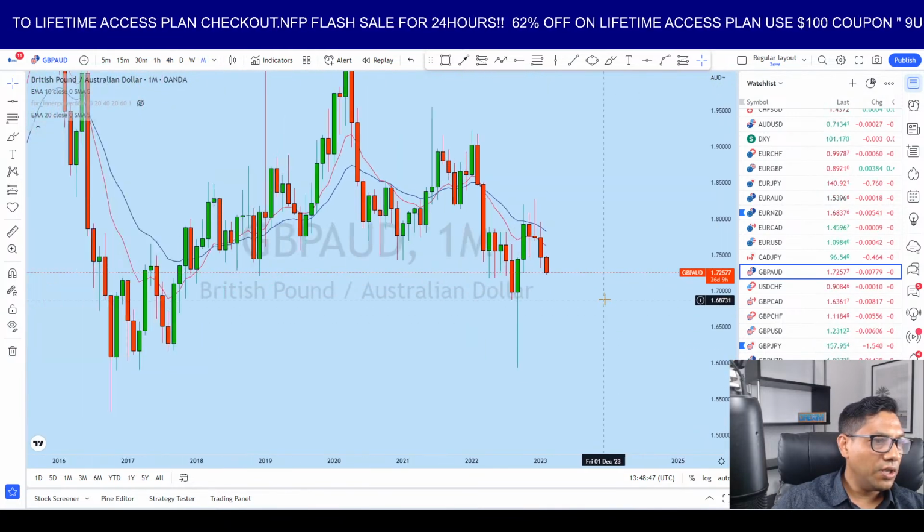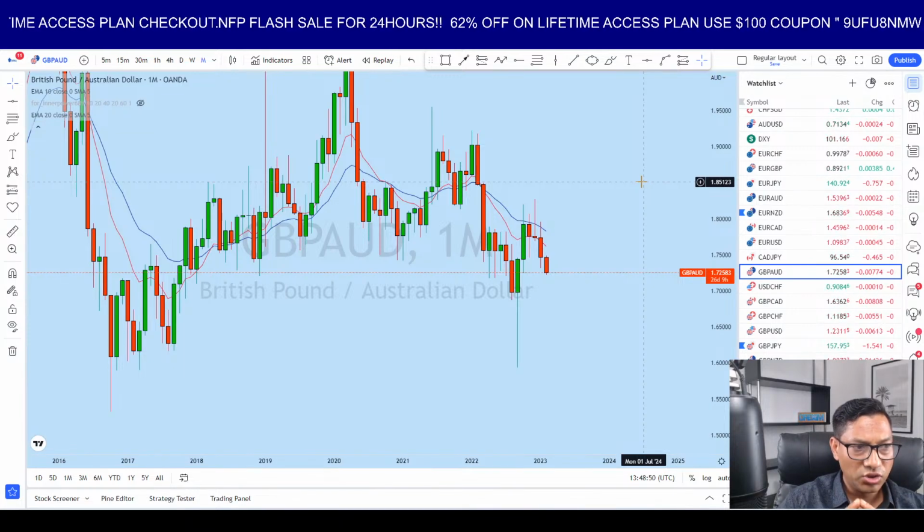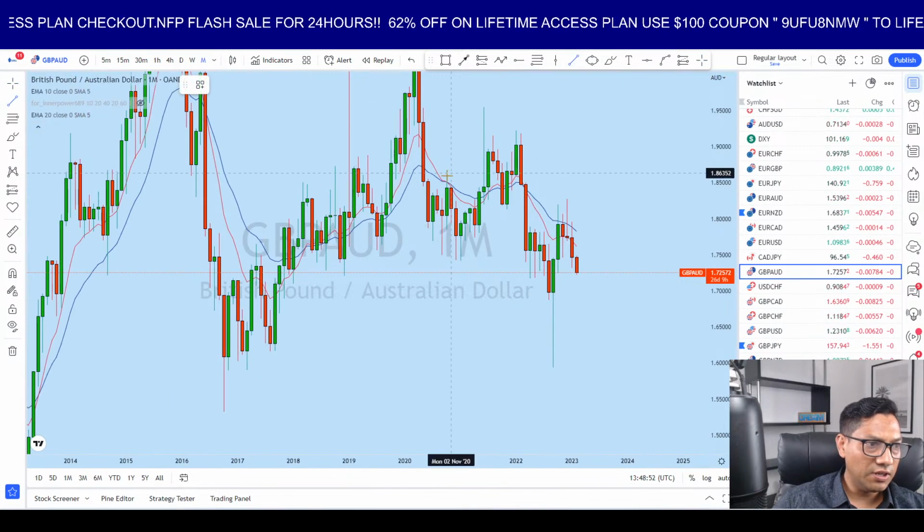Now GBPAUD monthly, which is in fact a strongly bearish market, you can see that.